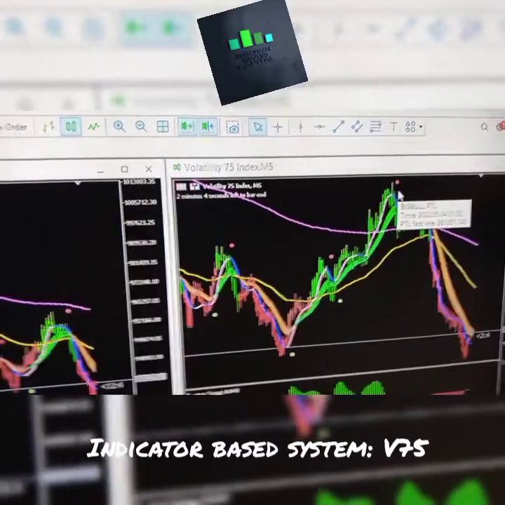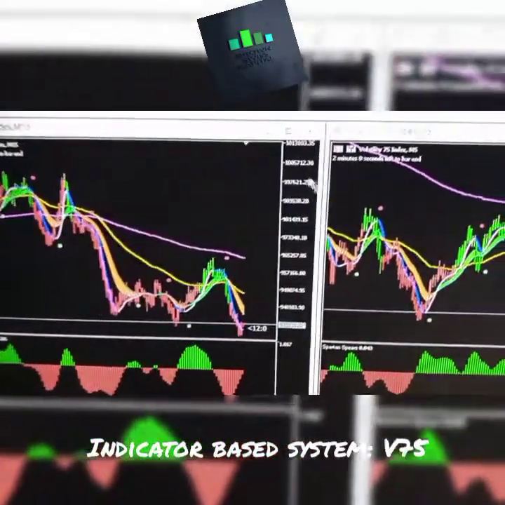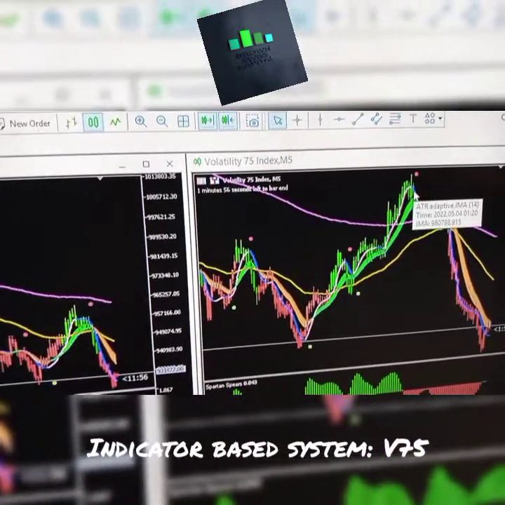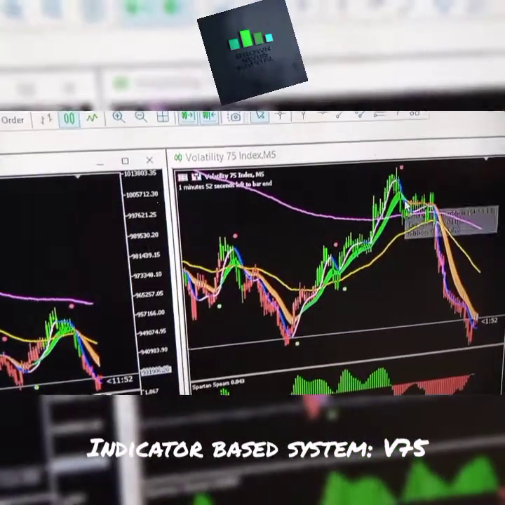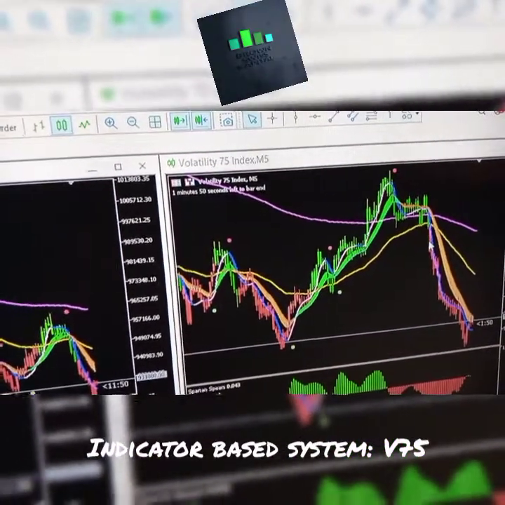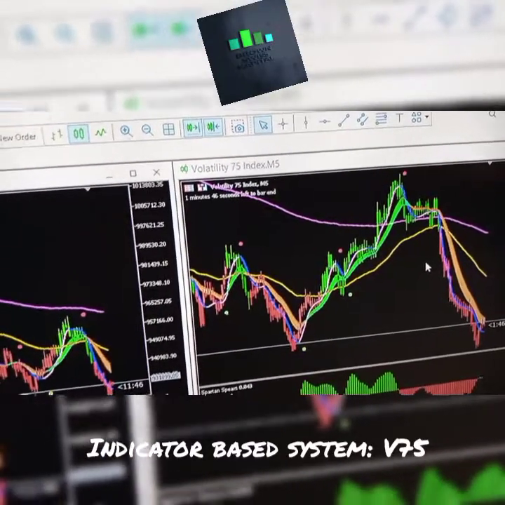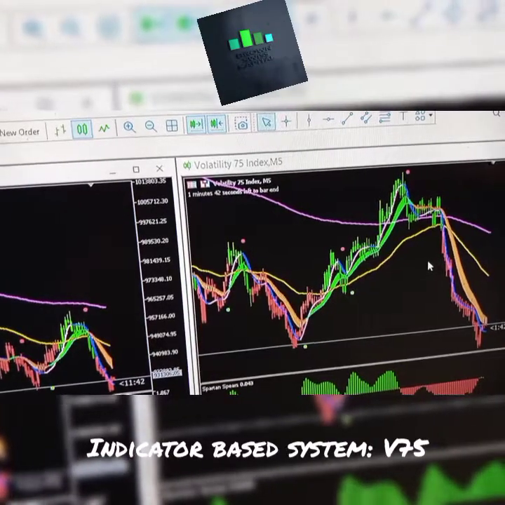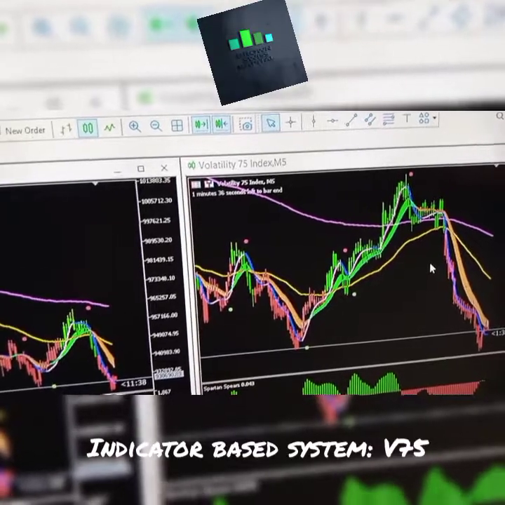Okay, so we are using the 15 minutes time frame to get signals, but we enter on the 5 minutes time frame. So you wait for the dot here and then you enter. As you can notice, these are like Heiken-Ashi candles, meaning they will not change until a trend reversal is confirmed.